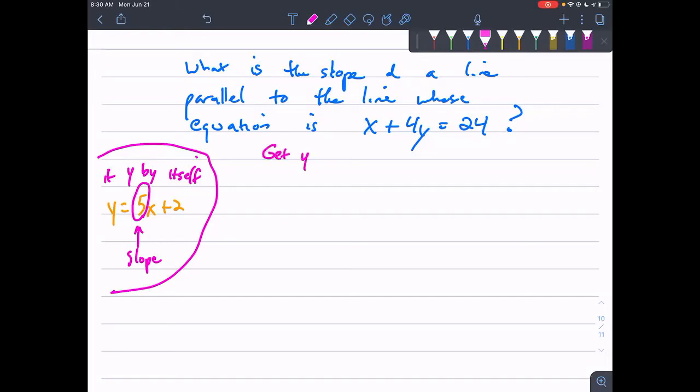So we'll do that here. Get y by itself. Starting with x plus 4y equals 24. If we want to get y by itself, we need to get rid of the x, and we need to get rid of the 4 in front of y. So minus x, I'll do that to start with.